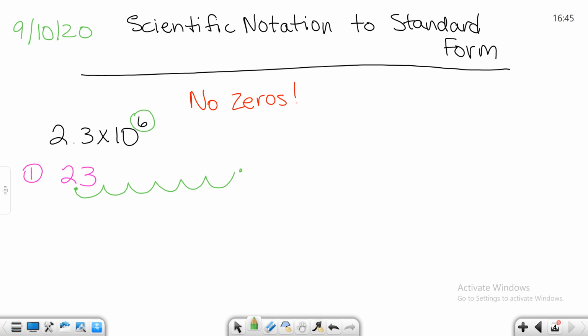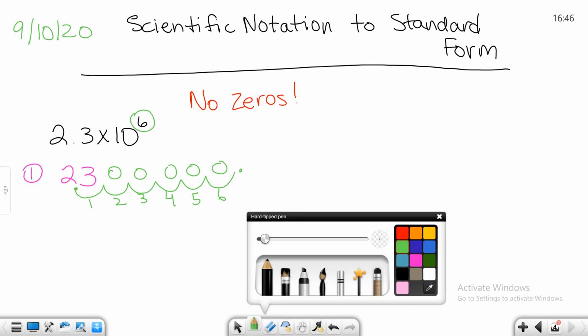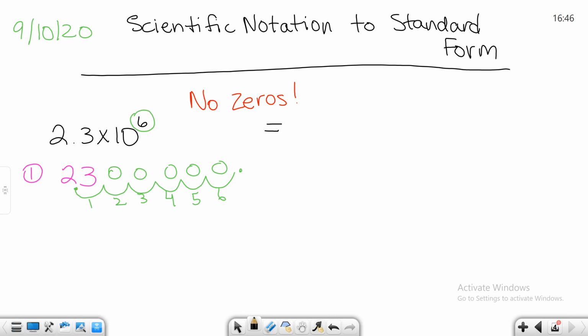And I'm going to place a new decimal there. So I'm going to go ahead and fill in those zeros. Again, we did not do 6 zeros. We did 1, 2, 3, 4, 5, 6 places. So 2.3 times 10 to the power of 6 is equal to 2,300,000.